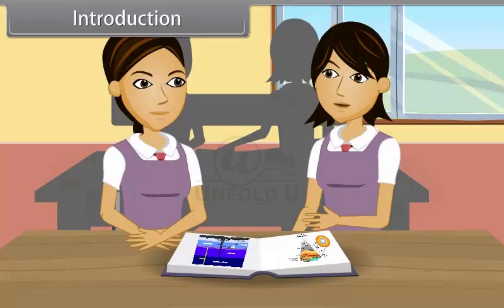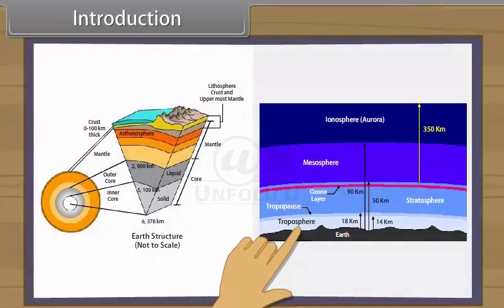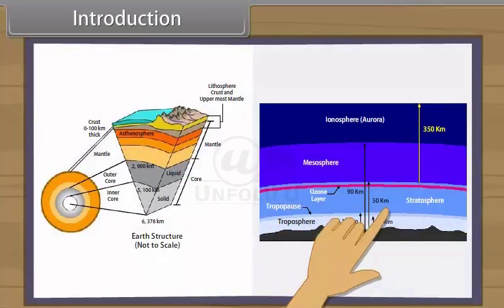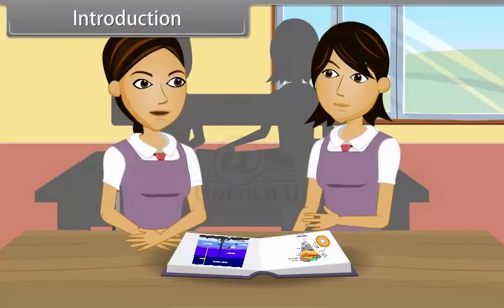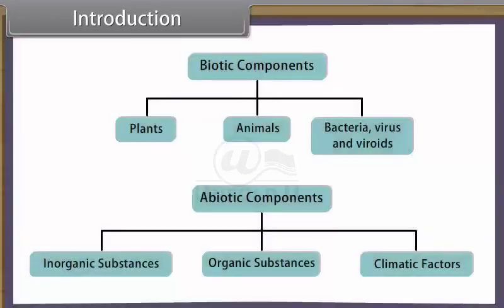Atmosphere extends to several kilometers in height from the surface of Earth. It is differentiated into four parts: troposphere, stratosphere, ozonosphere, ionosphere. So we can say biosphere is formed mainly of two components: biotic components, all living things; abiotic components, air, water and the soil.